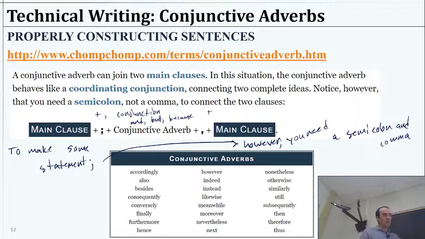So we make one part of the sentence. We can do the semicolon, that conjunctive adverb, in this case, however, comma, you need. And this is also good practice if you're going to simply start a sentence this way. That would be the way to do it. You have this conjunctive adverb, comma, so however, comma, blah, blah, blah.